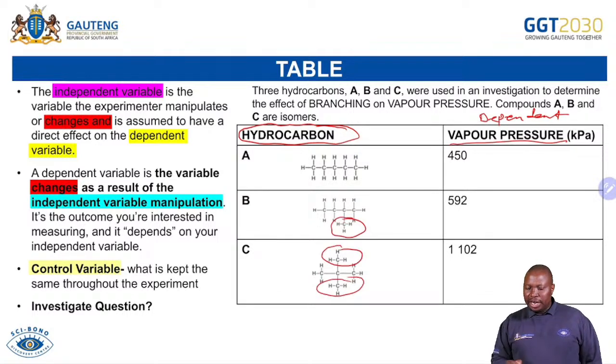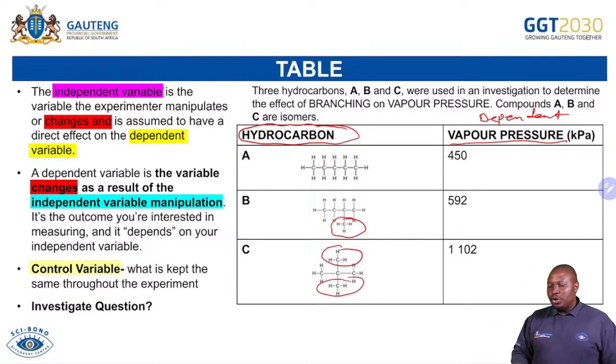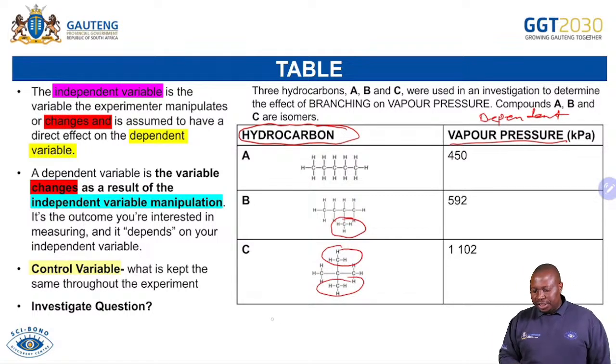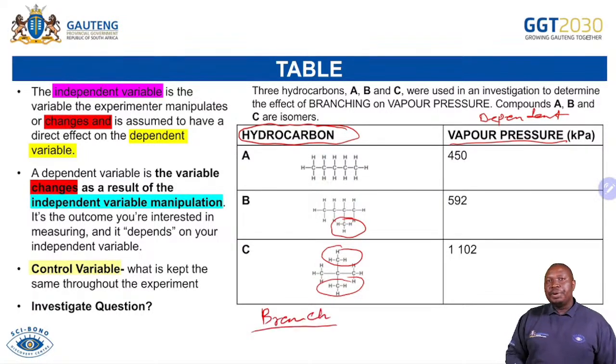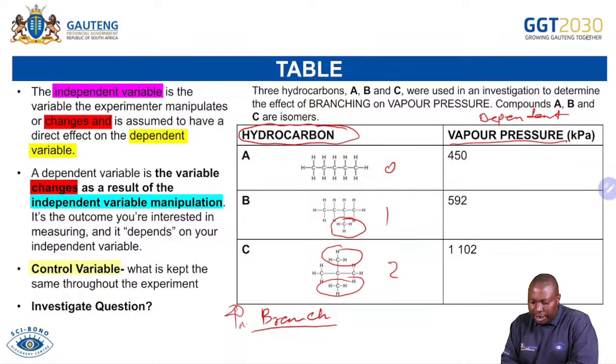So when you look at the structure, you are able to say that what is changing here is the number of branches. It's 0 branch, 1 branch, 2 branches. As the number of branches increases, what happens to the vapor pressure?